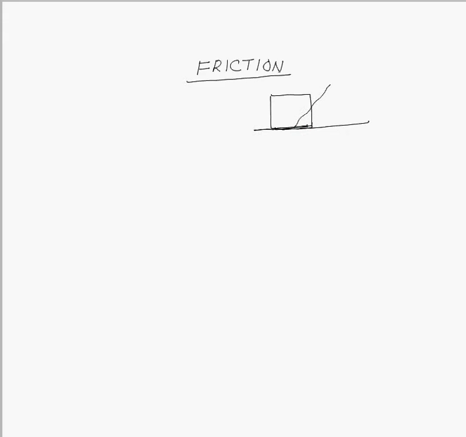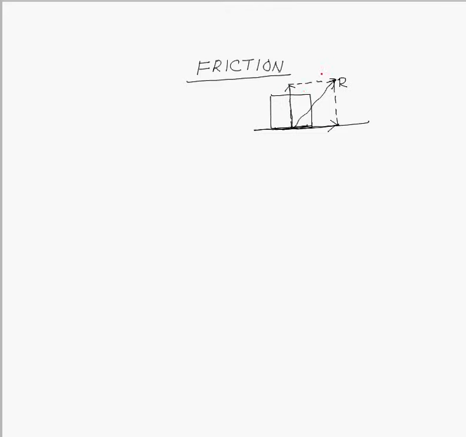This force is called contact force. This contact force can be resolved into two components, a vertical or normal to the surface and another parallel to the surface.